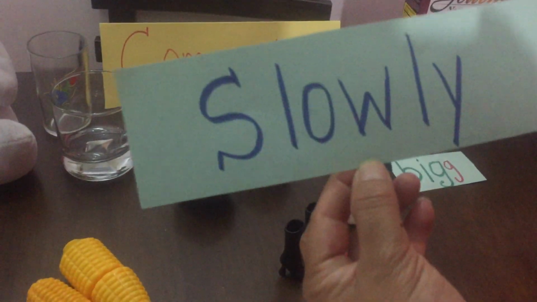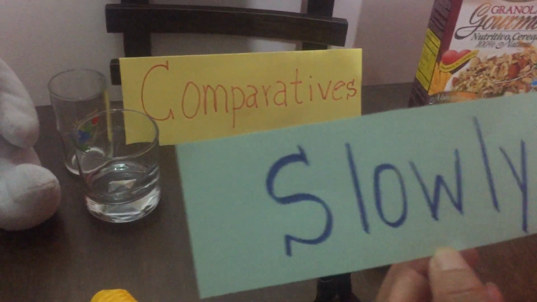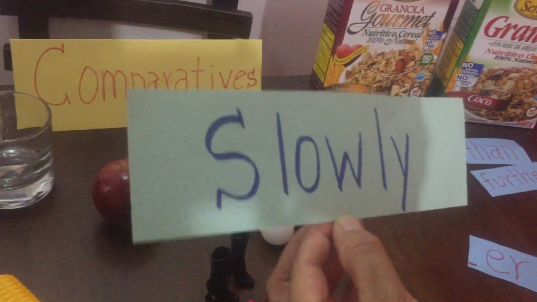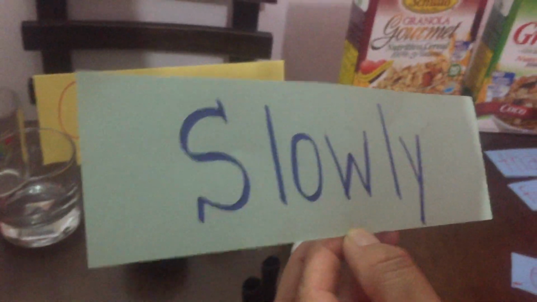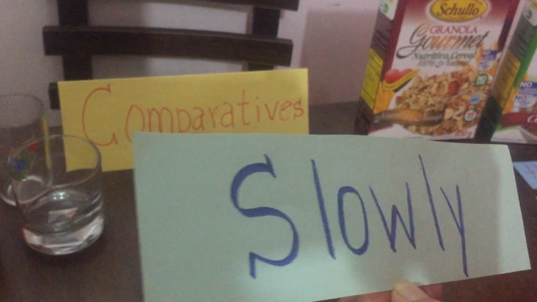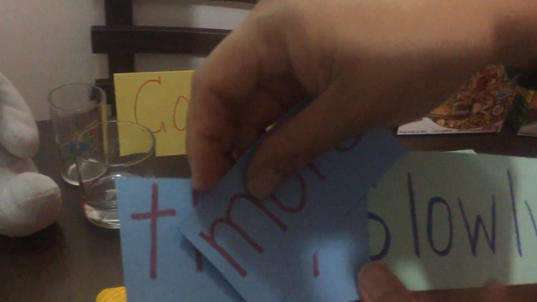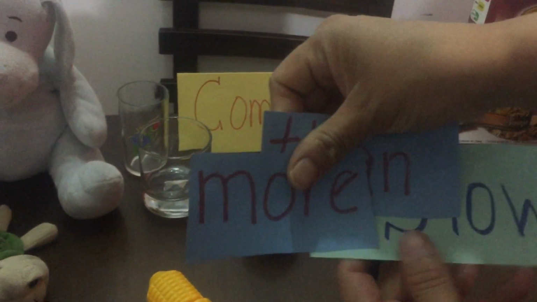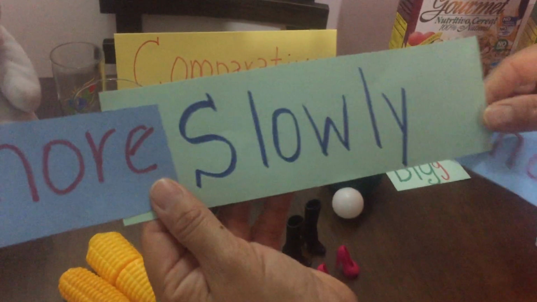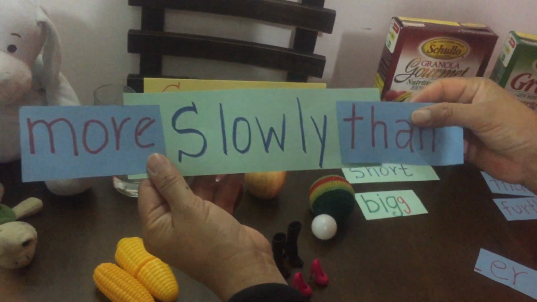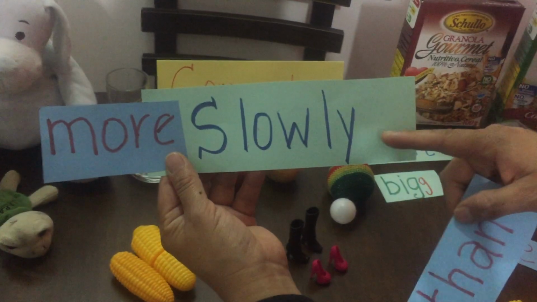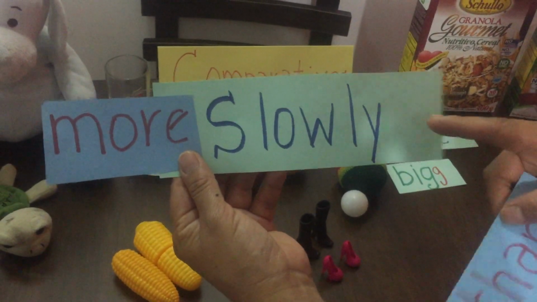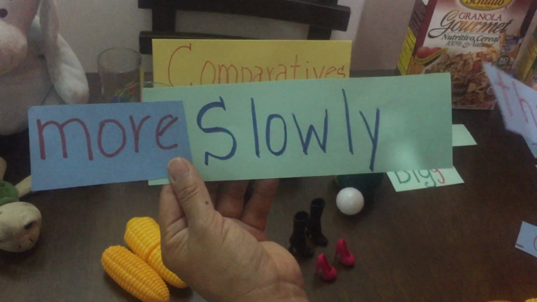So when you have an adverb, you have to use a long word that is more than. So it has a rule. When you have an adverb, you have to use more slowly than. But when do you use an adverb? When we have an action.